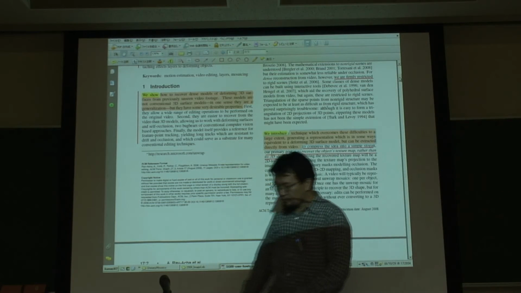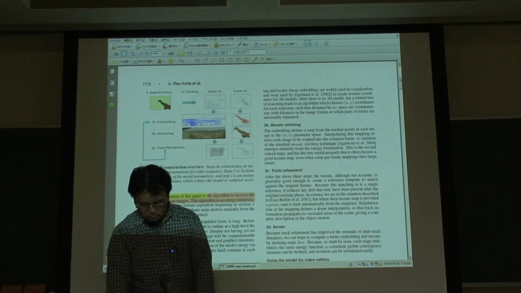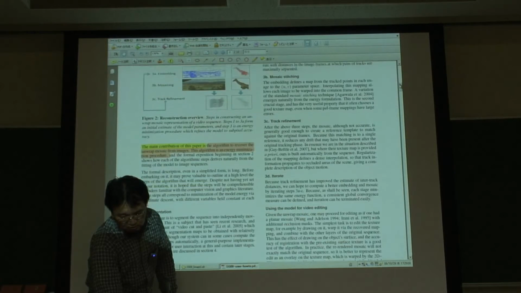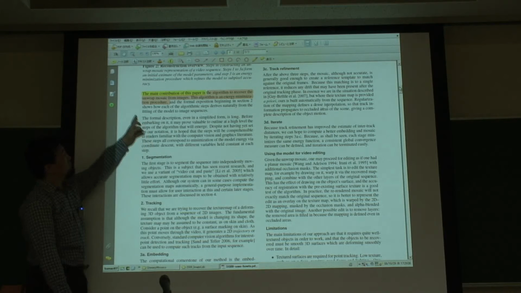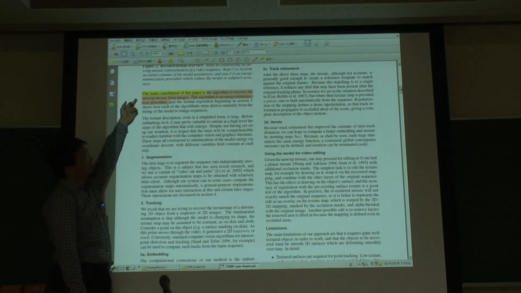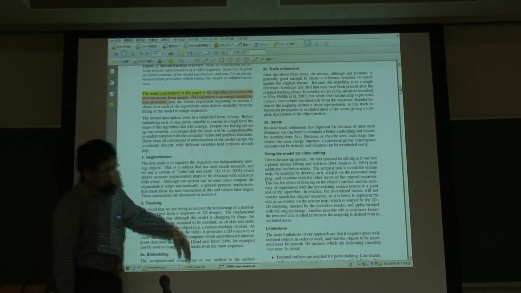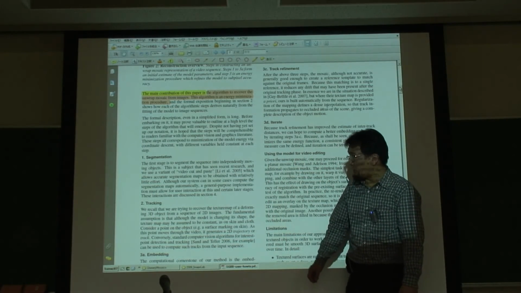And then you may see good sentences from time to time in this paper. The main contribution of this paper is this, blah blah blah. And this part is a summarization of the following part, because this paper has lots of technical background.